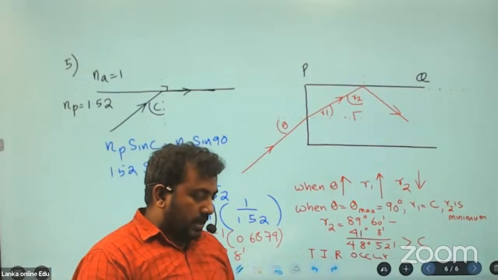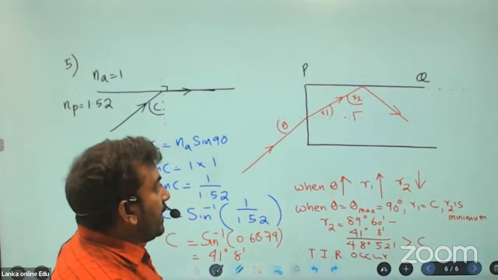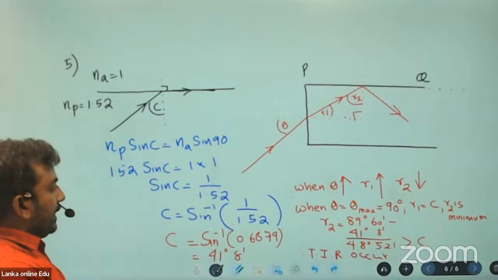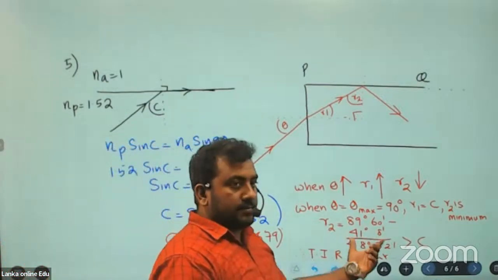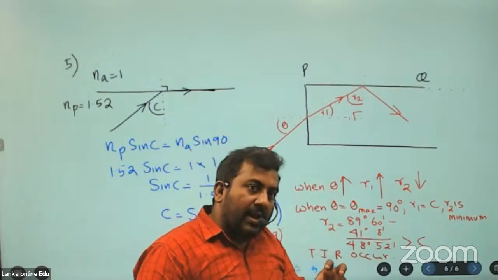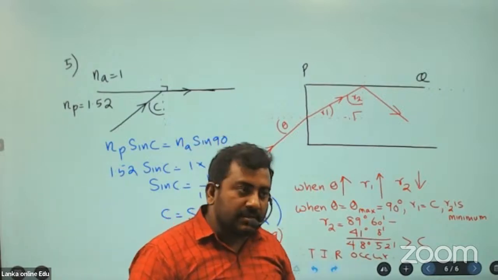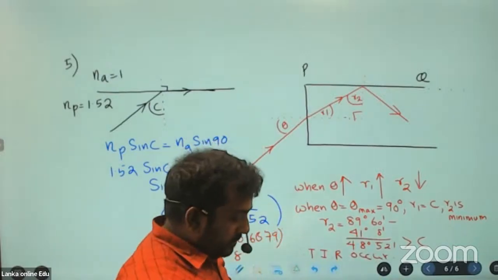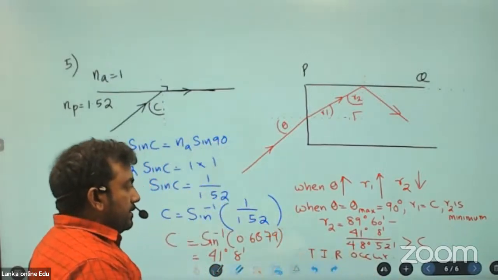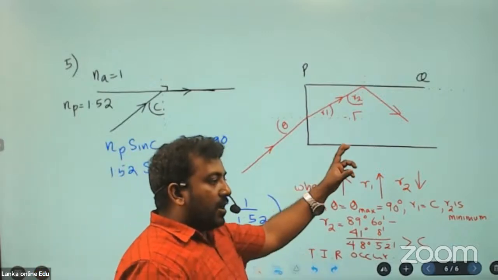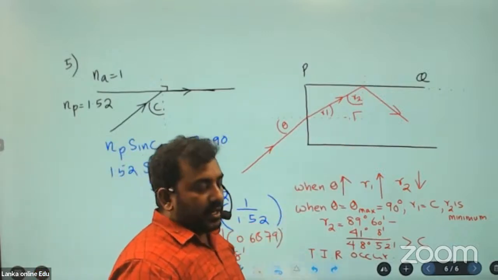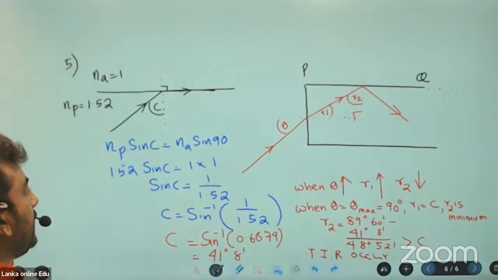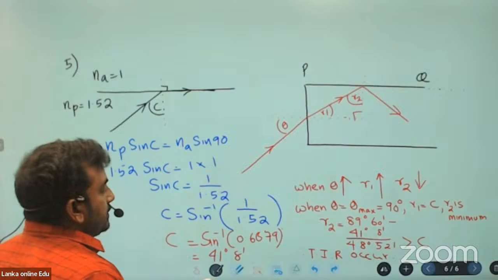Therefore, total internal reflection will take place. So if total internal reflection occurs for the minimum angle, it will occur for any other angle. Therefore, for any angle of theta, total internal reflection will take place.